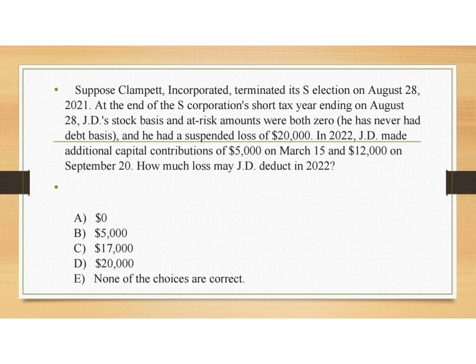This question deals with what's called a short tax year, okay? Remember that S corporations, because they can be terminated voluntarily or involuntarily, frequently create this thing called a short tax year, okay? That means a tax year that's less than 12 months, all right?